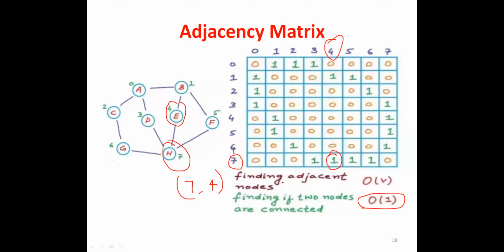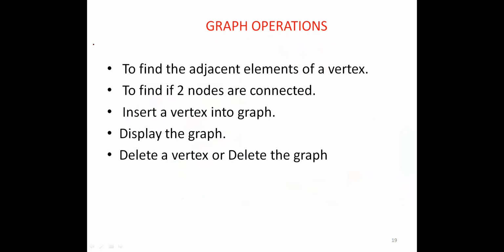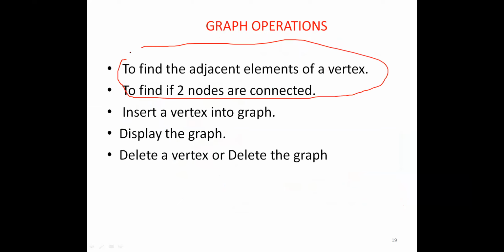These are the basic operations in adjacency matrix as well as adjacency list. Apart from these two, finding the adjacent elements and checking whether the nodes are connected, there are other basic operations like insert. I want to insert a vertex into the graph.